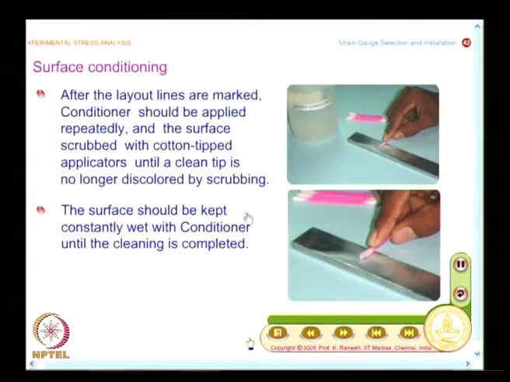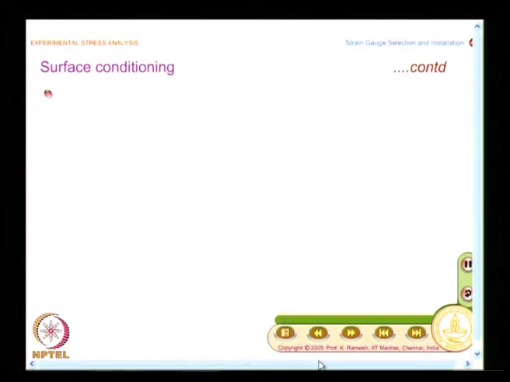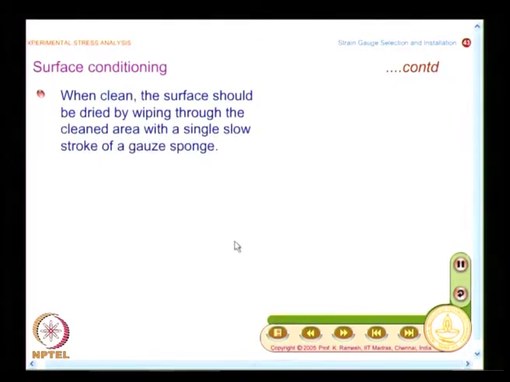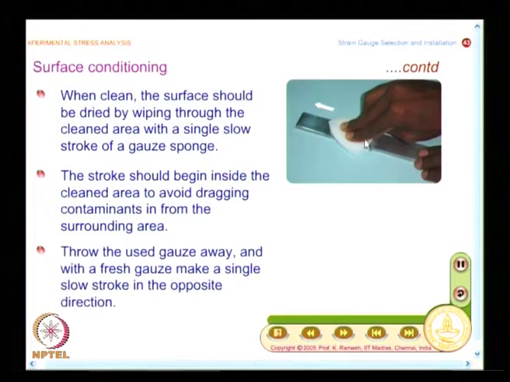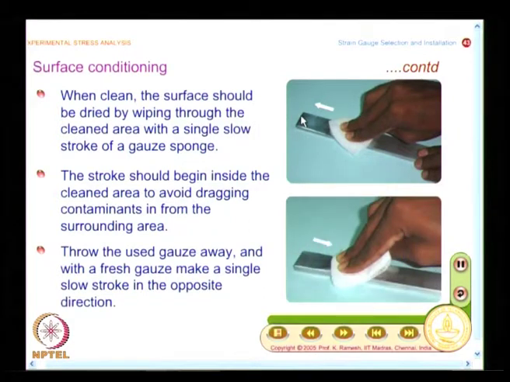And as seen before you need to wipe it dry. There is also a recommendation how to wipe it. You should not go back and forth. Take one gauze sponge and wipe in one direction, take another gauze sponge and move it in the other direction. You need to do this also meticulously.